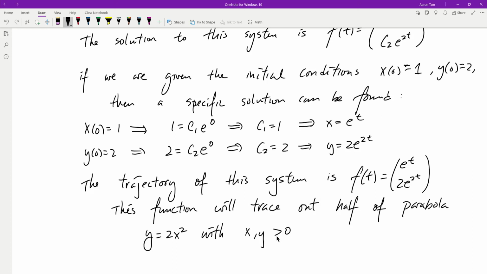Yep, greater than 0. It can't be equal to 0, as a matter of fact. And if you're wondering how I know y equals 2x squared, if you simply plug e to the t into x, you find that y would be 2e to the 2t.